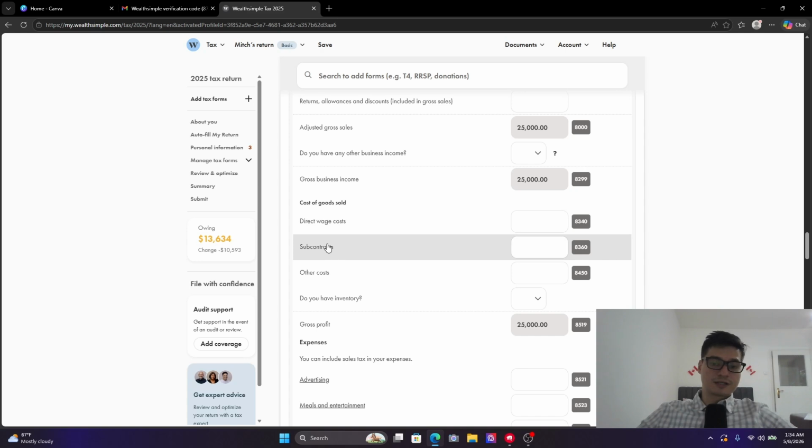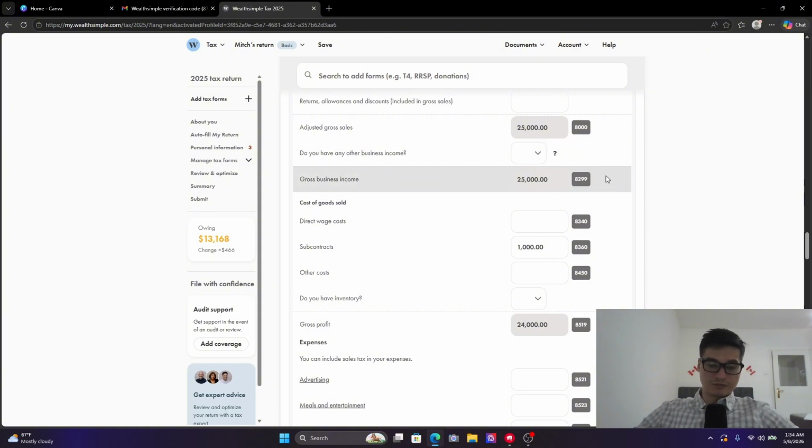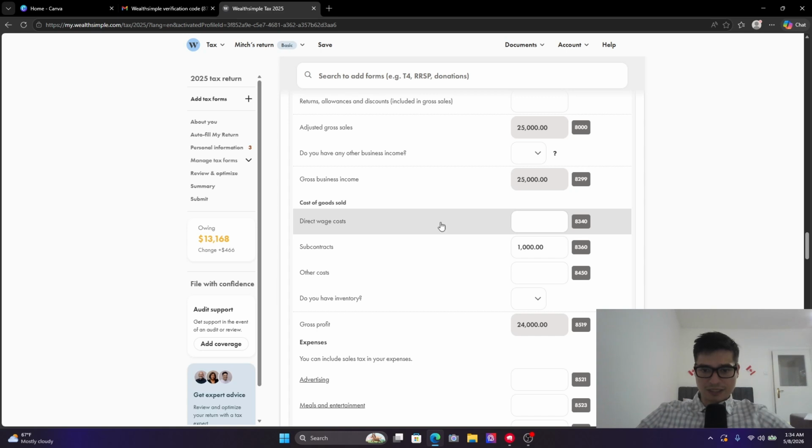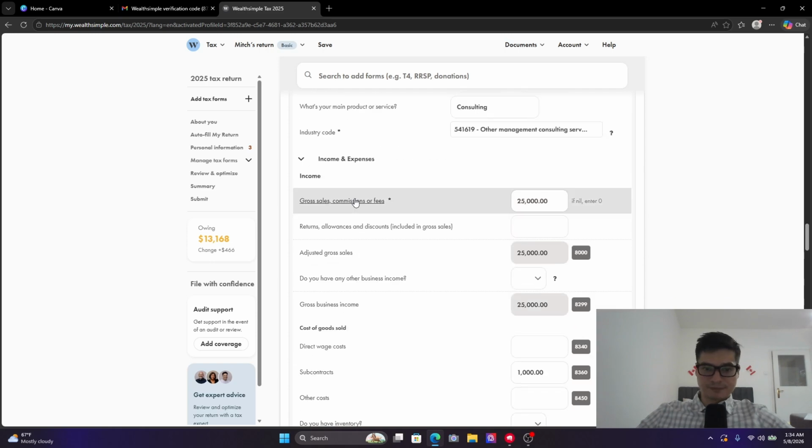Any subcontractors, maybe you employed someone else for a contract to do some work, you would include that as well. Any amount here will lower it. So if we have subcontractors of 1,000, now our gross profit is at 24,000. So you can see this cost of goods sold section will be just related to your product or service, the actual cost of creating that product or giving that product or service.